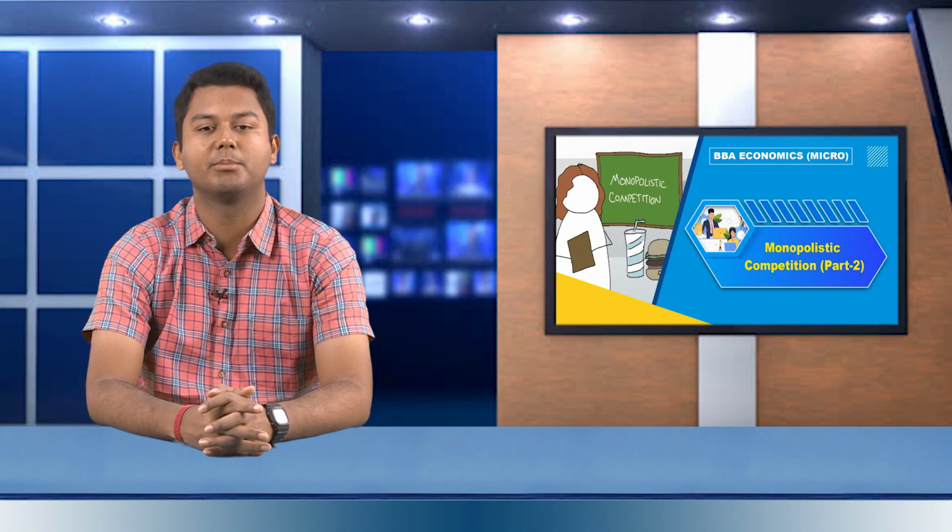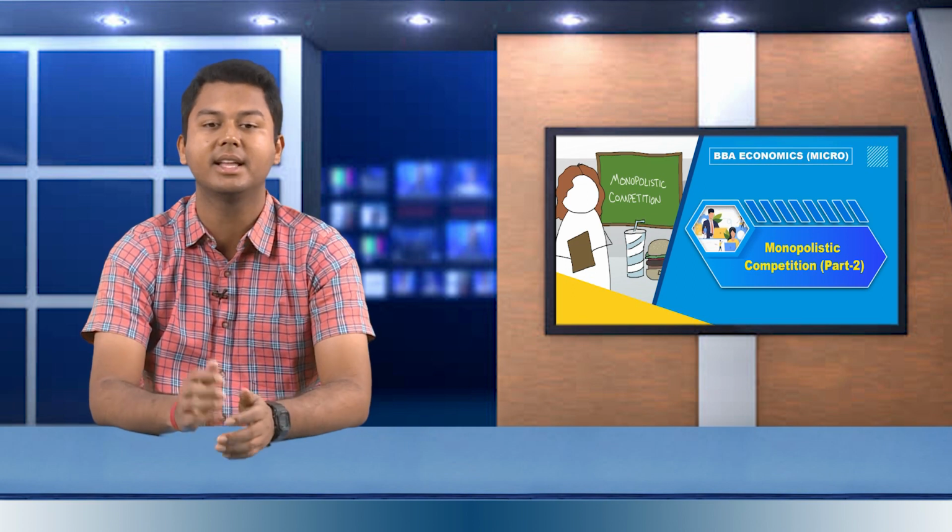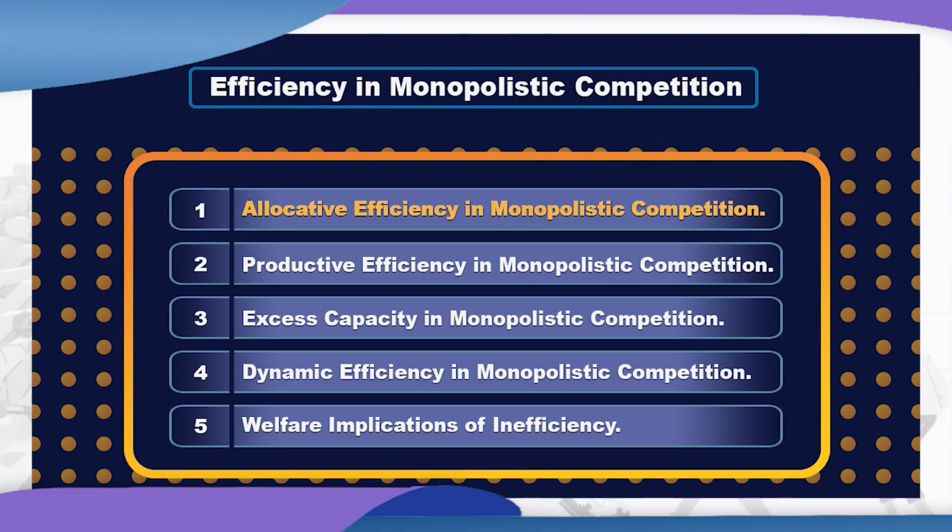In monopolistic competition, the market does not achieve either allocative or productive efficiency even in the long run, despite being more competitive than a monopoly market. Let us look at and try to understand allocative efficiency in monopolistic competition.